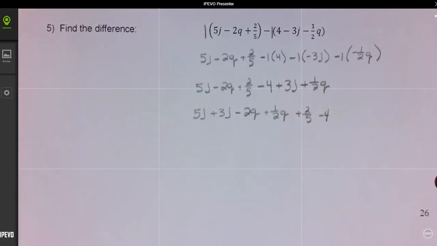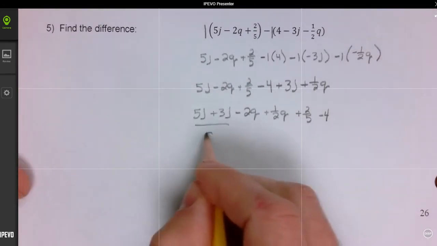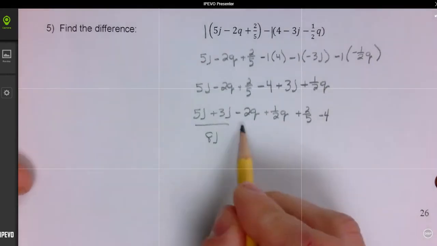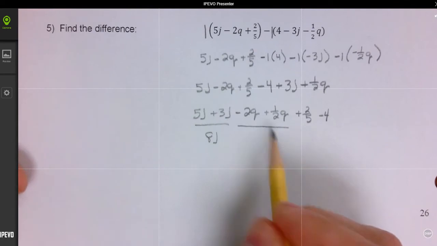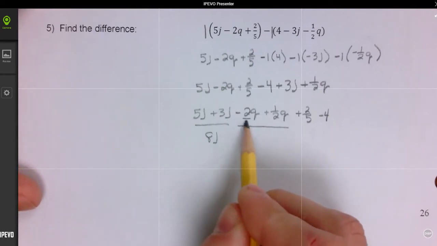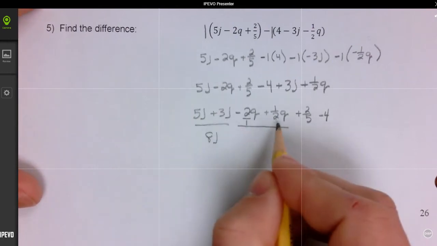Okay, so let's go ahead and combine now, we'll do the j terms first. 5j plus 3j, that's 8j. With my q terms, I have negative 2q plus 1/2 q. I can turn that into negative 2 over 1, so that these are fractions. I need a common denominator. With ones and halves, I'll use halves.